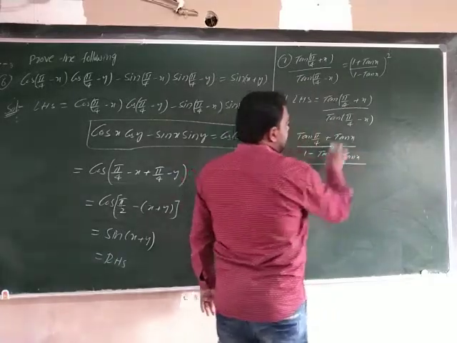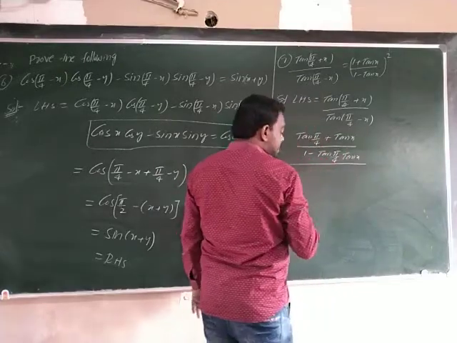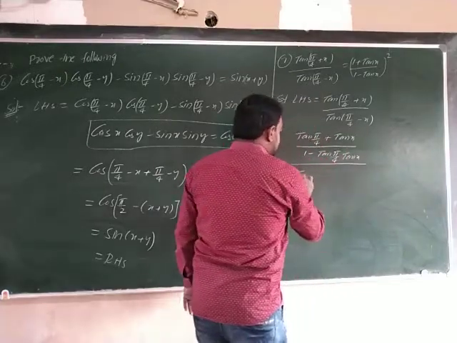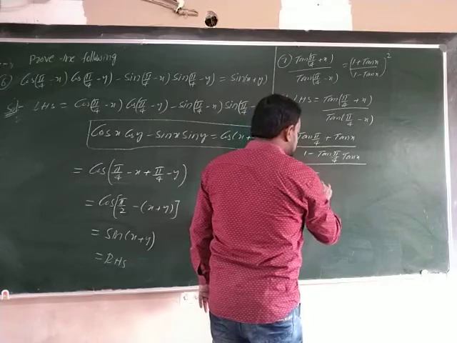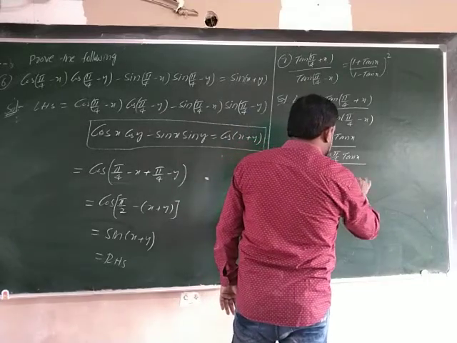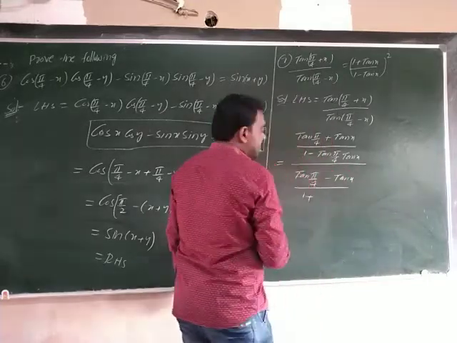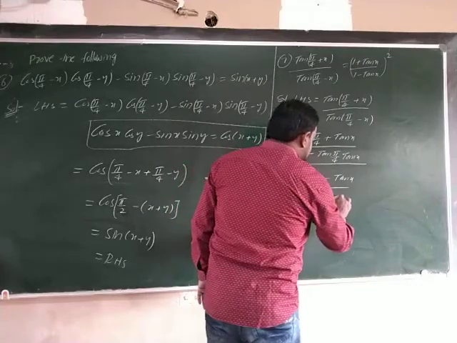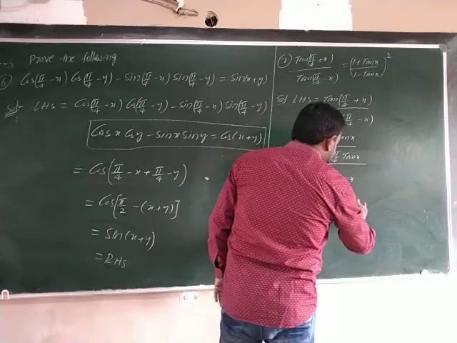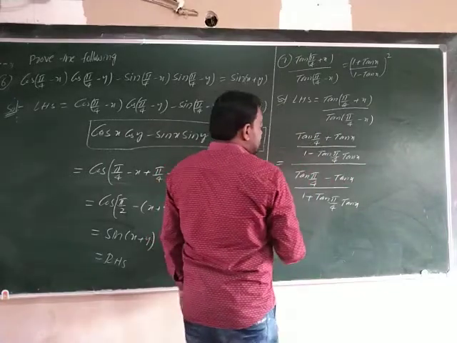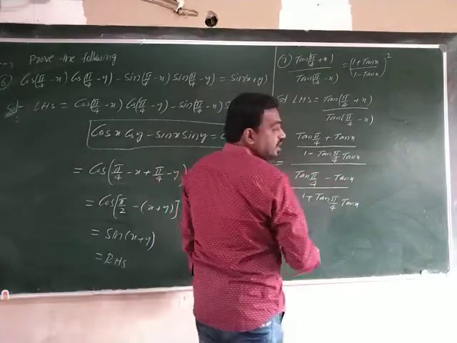Denominator, tan of a minus b. So tan of x minus y, the formula is tan x minus tan y by 1 plus tan x tan y. So tan pi by 4 minus tan x by 1 plus tan pi by 4 into tan x. Now tan pi by 4, tan 45, is 1.